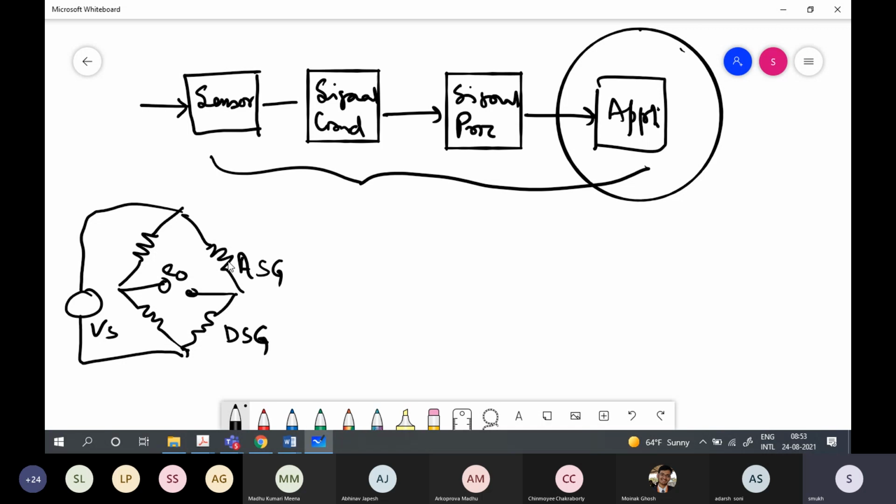Now you see that if there is no strain, but there is a change in temperature, then this will change by delta R due to temperature, and this will change by the same delta R. So the bridge ratio will remain unchanged. So there will be zero output, even if the temperature changes, right? So this is what is done with the dummy strain gauge, and so it is part of the signal conditioning.